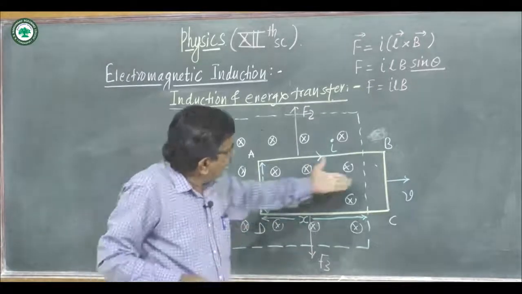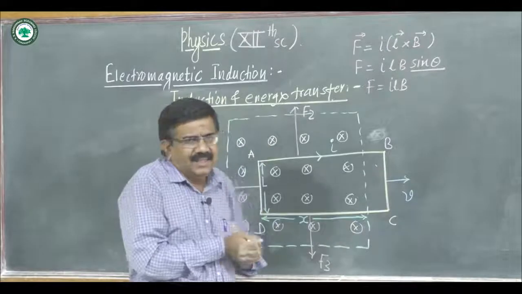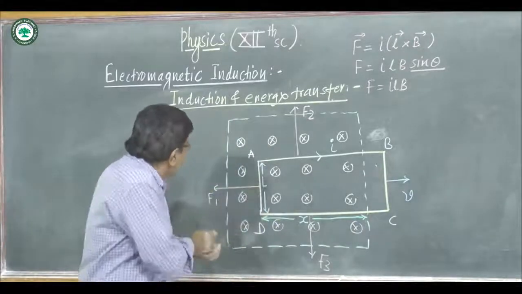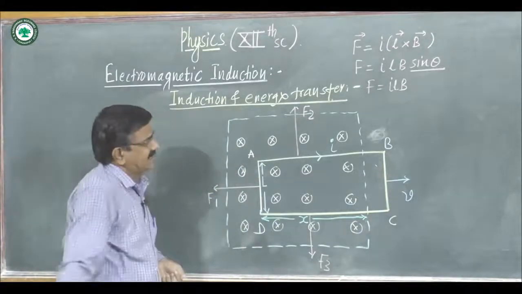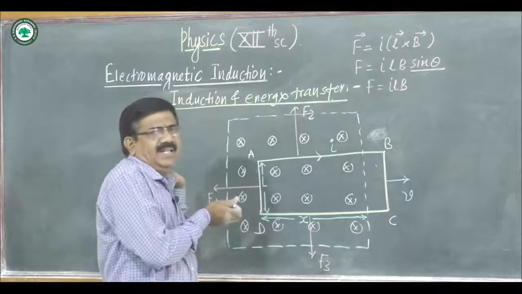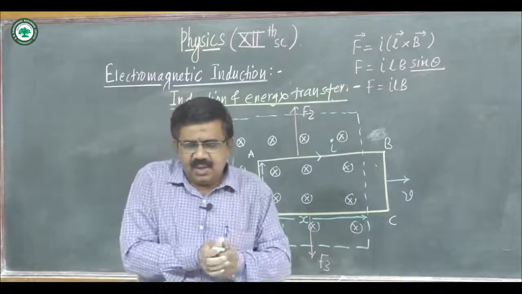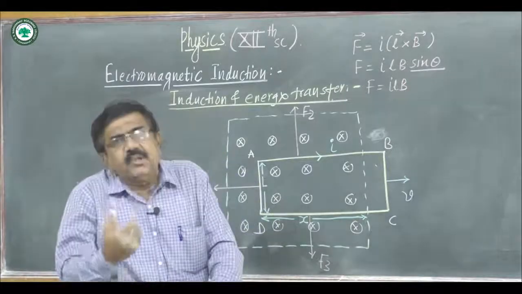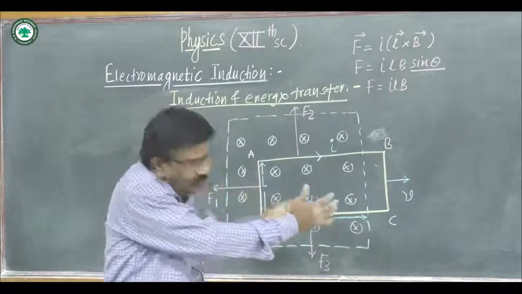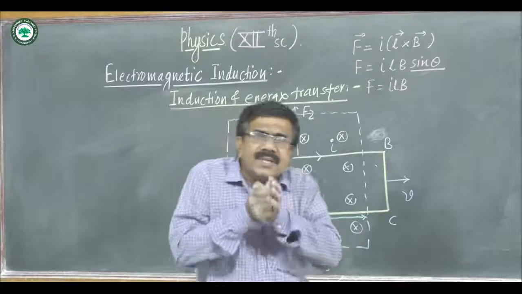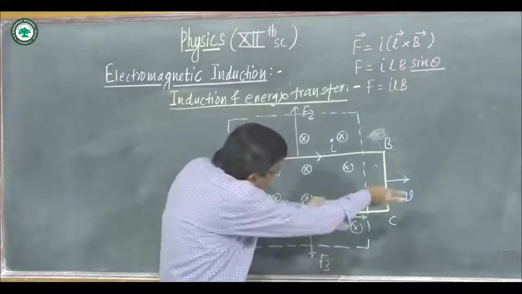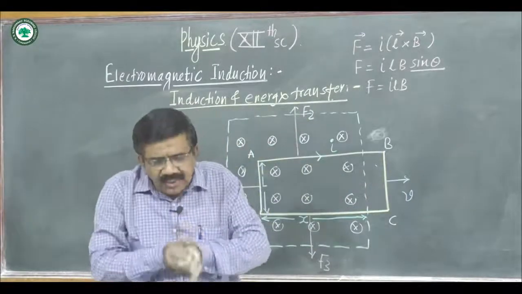As the frame is moved here, the force F1 acts towards the left, to oppose the loop moving with constant velocity v towards the right.